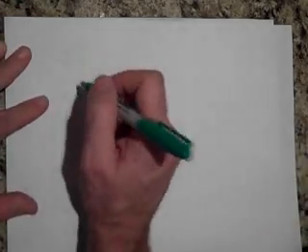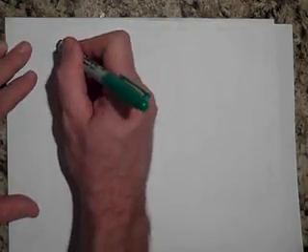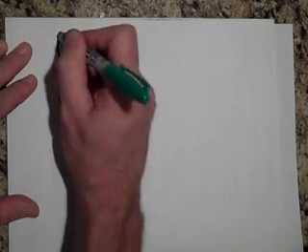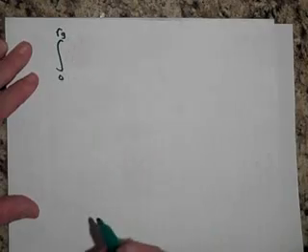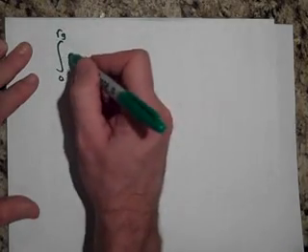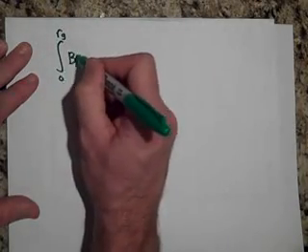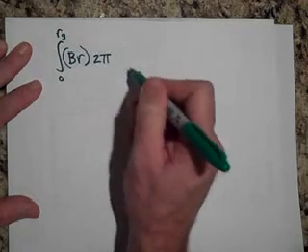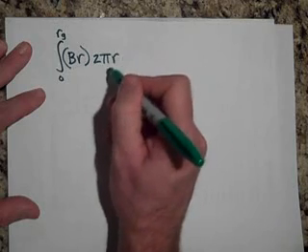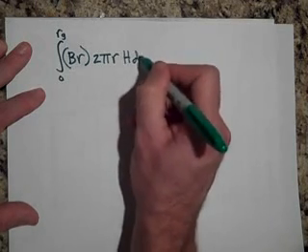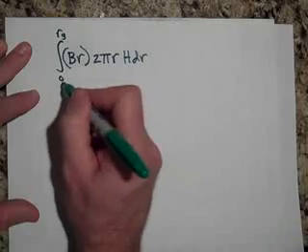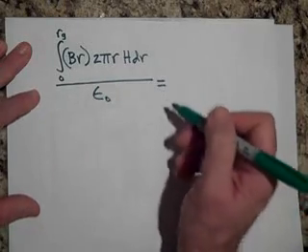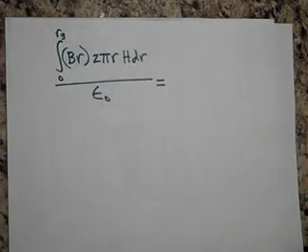Doing Gauss's law, the charge enclosed is going to be the integral from 0 to the Gaussian radius of rho dV. That is the charge enclosed over epsilon naught, which is equal to the integral of E dot dA.